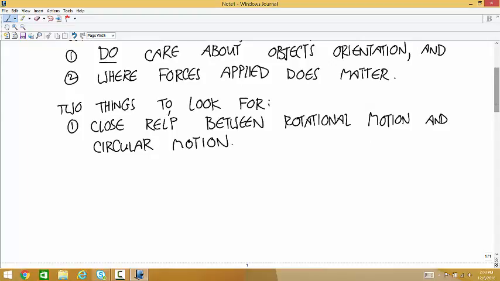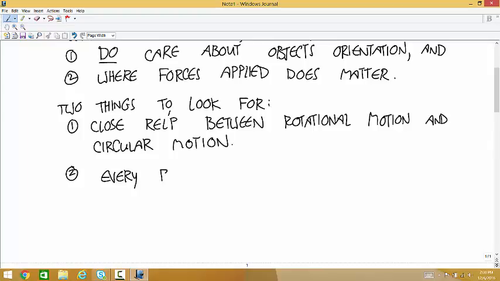And the second thing to look for is there are analogous quantities and equations for almost every quantity and equation that we've used in particle motion. So let me say it like this.